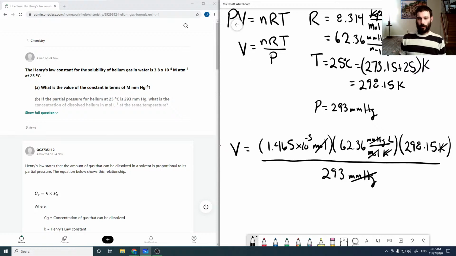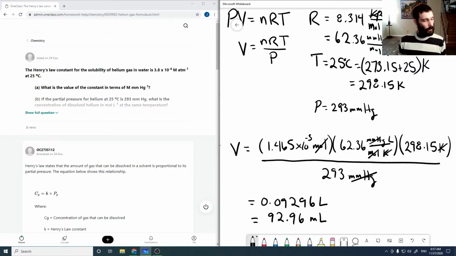And if we run this all through on our calculator, we get 0.09296 liters, which equals 92.96 milliliters. I rounded to 4 significant figures, but I don't know why.